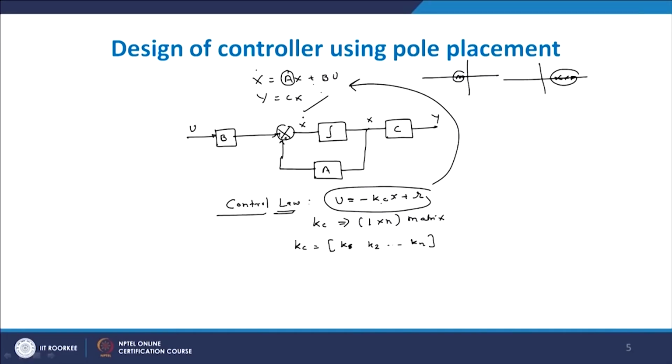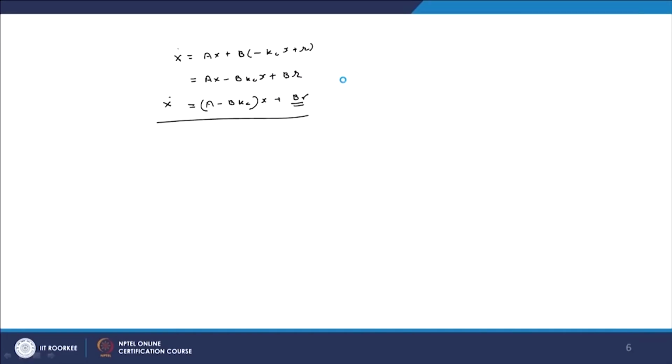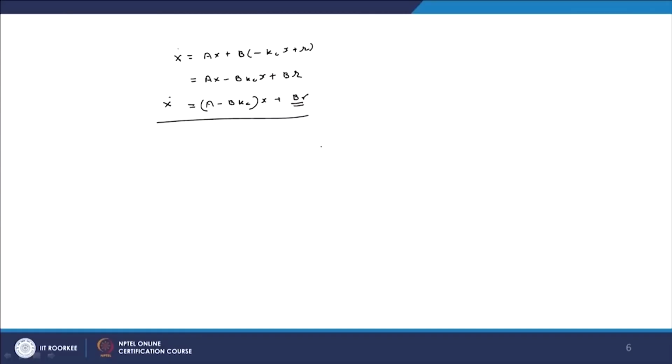Now we have drawn the block diagram for this model. As our system has changed, the controller comes into existence, therefore our block diagram will change. So let us say this is the integrator, output y through C, here x dot, this is state x, this is the integrator.